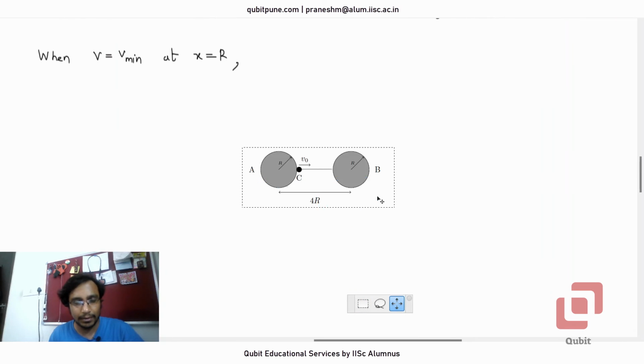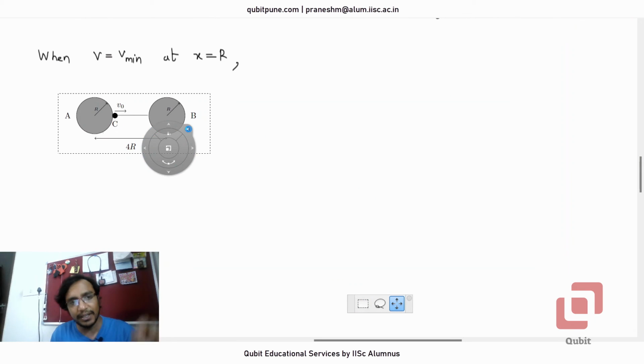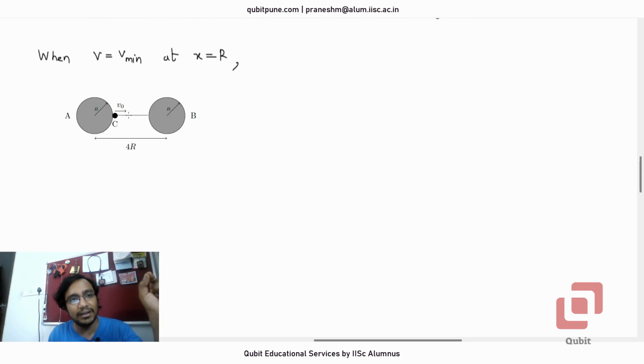Suppose we have just projected the body C in the direction of B with the minimum speed. What is happening? When x is less than 2r, that means it is still on the A side of the space.